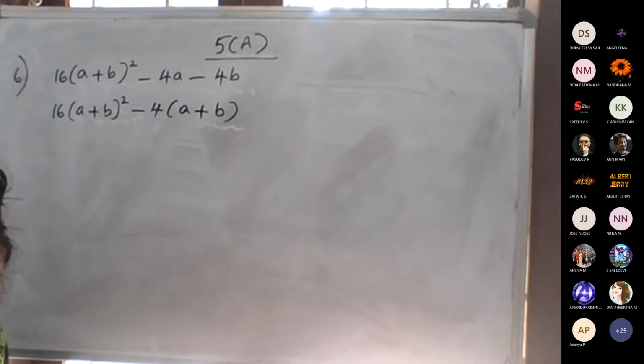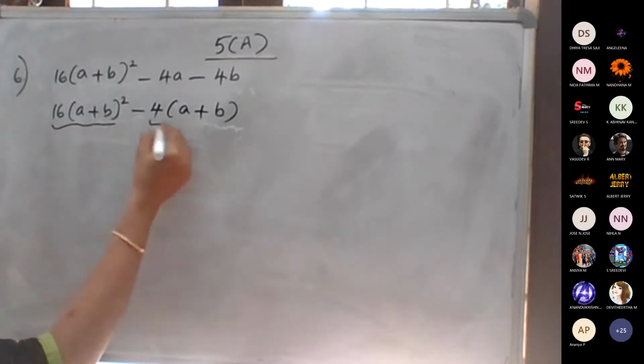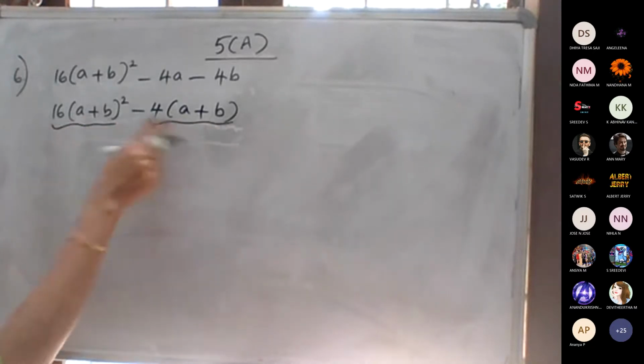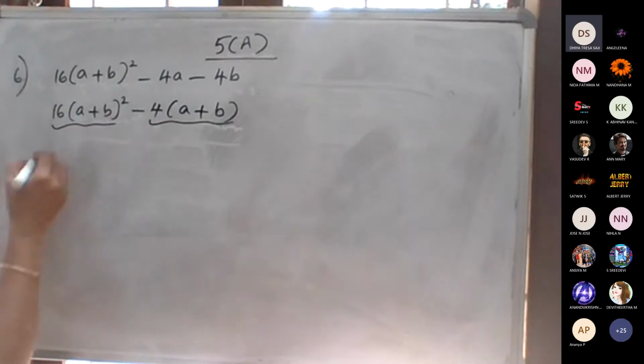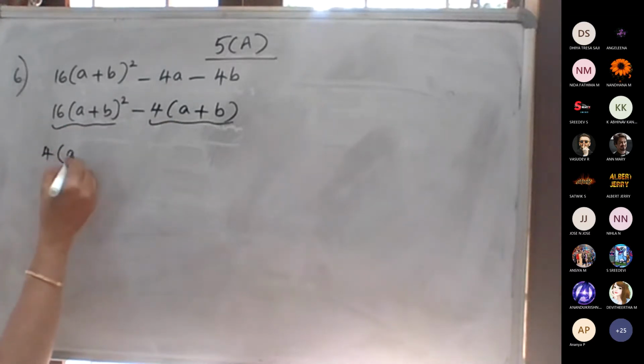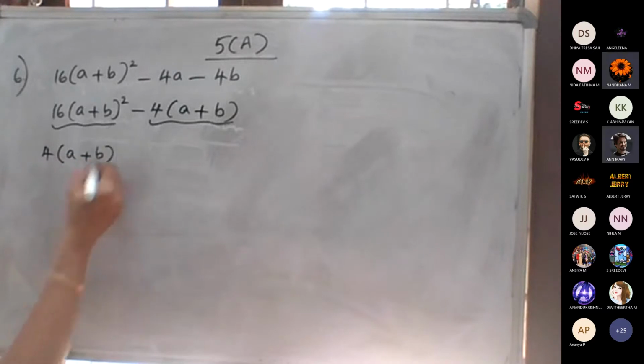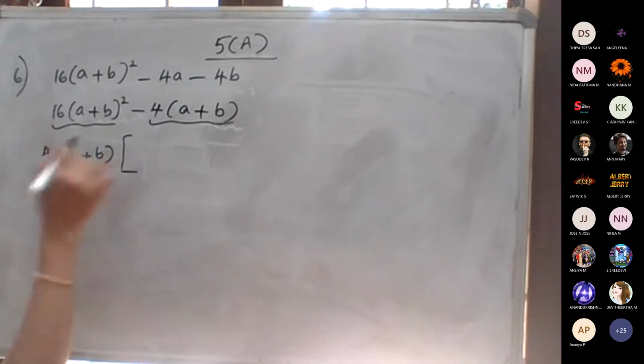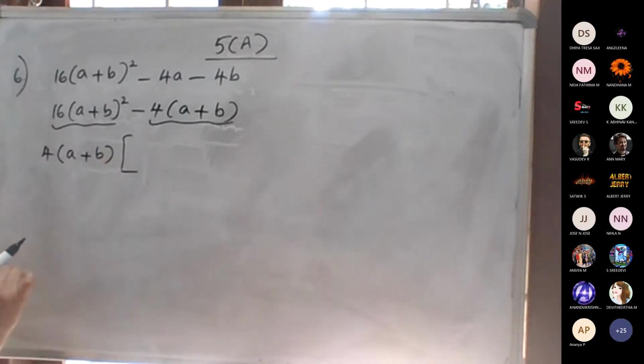4. 4 only. 4 into (a plus b) and 4 into (a plus b), and here 16 into (a plus b). From the 16 we can take 4 also, and balance 16 we have only 4.